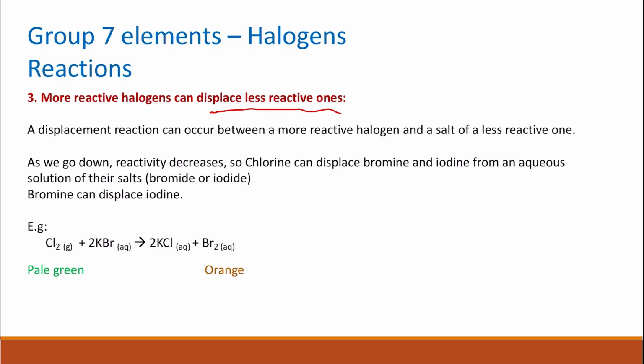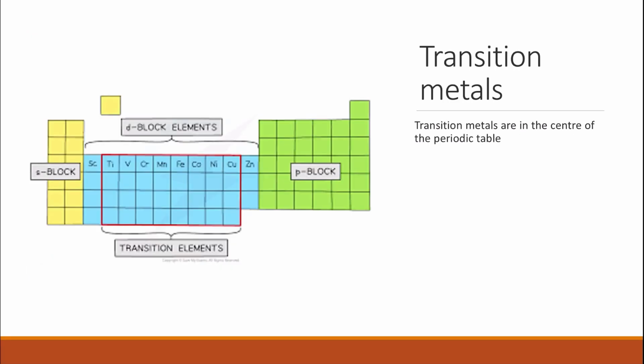So chlorine can react with the salts of bromine and iodine and displace them. So chlorine can react with potassium bromide and displace the bromide to give potassium chloride, a salt of chloride, and then bromine as an element. It can also do the same with iodide salts. However, iodine cannot displace chlorine or bromine, and bromine cannot displace chlorine from its salt.